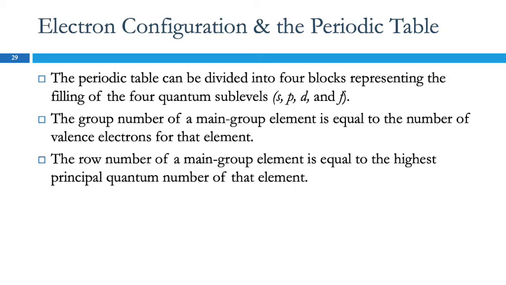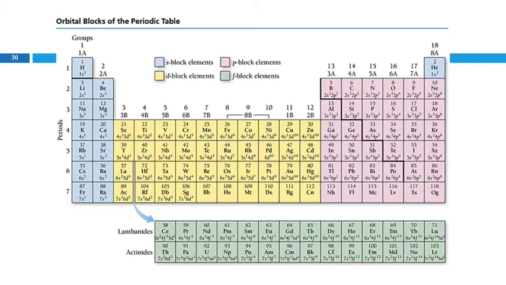Okay, so where's that information hiding on the periodic table? We can divide the periodic table into 4 different blocks that represent filling of those 4 different quantum sublevels, S, P, D, and F. So here it is. The period numbers, 1, 2, 3, etc., correspond to the principal quantum numbers.